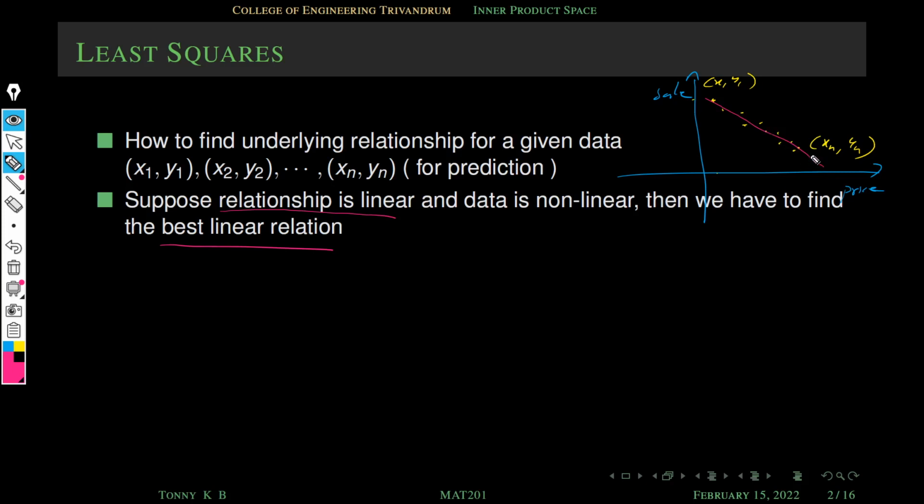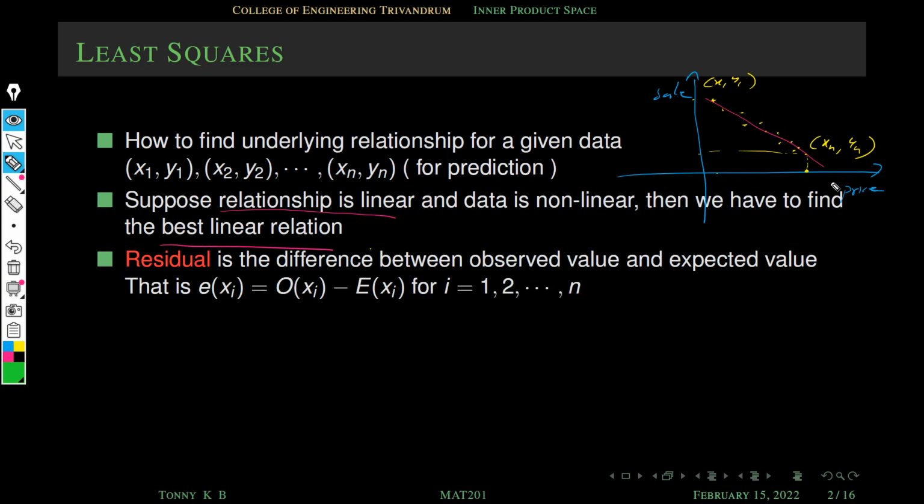Suppose we have the equation of the straight line, then you can easily forecast the value of the sale when the price is here. You identify the point on the straight line, and that is the corresponding sale. So once you have the relation, you can easily predict.